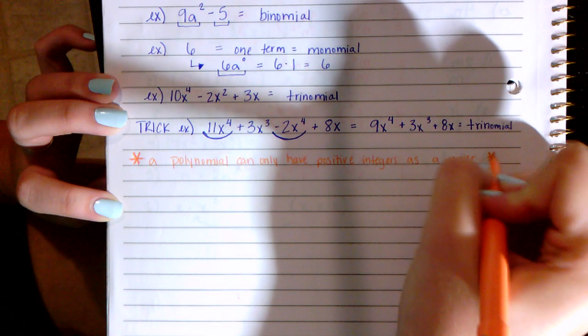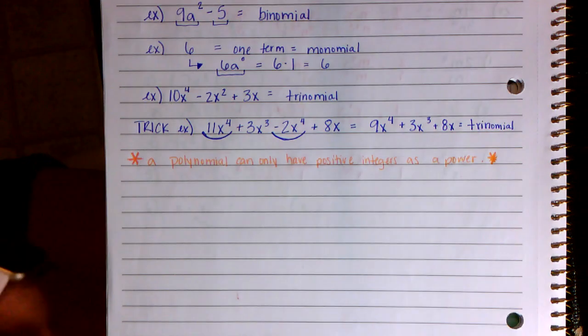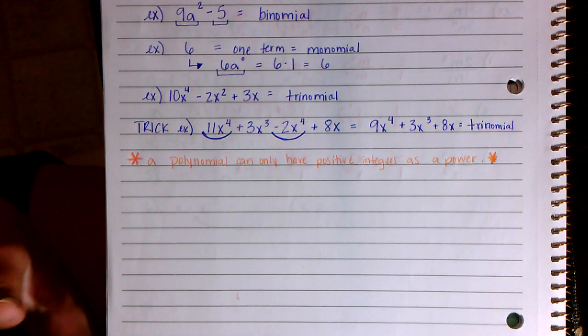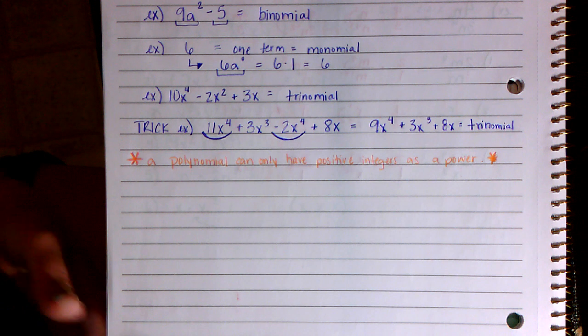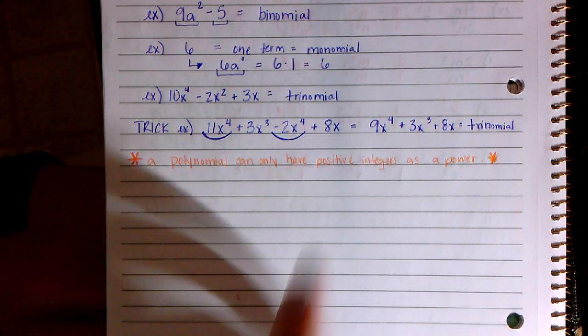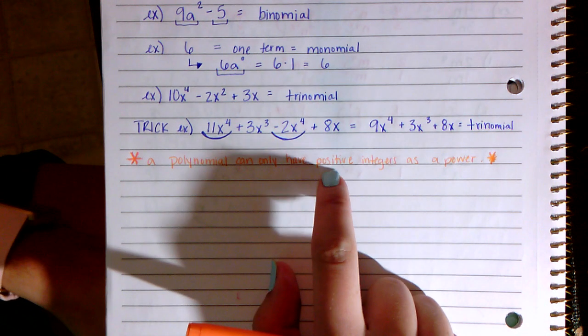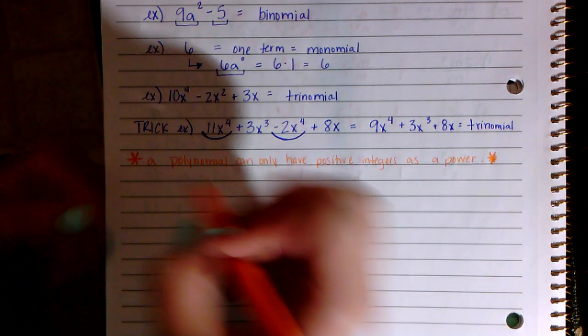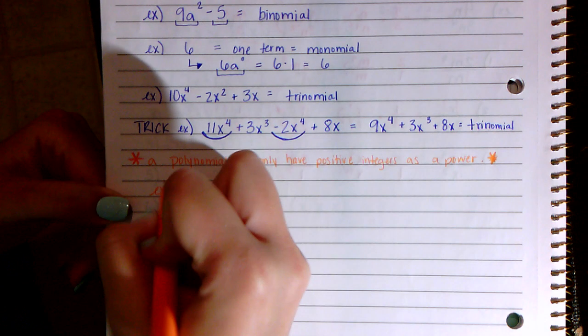Now remember, when we were classifying numbers, we talked about what an integer is. It is just a whole number. So -2, -4, 8, 10, 12. Those are integers. For your powers, it can only be a positive integer. So I'm going to show you an example of one that is not a polynomial.